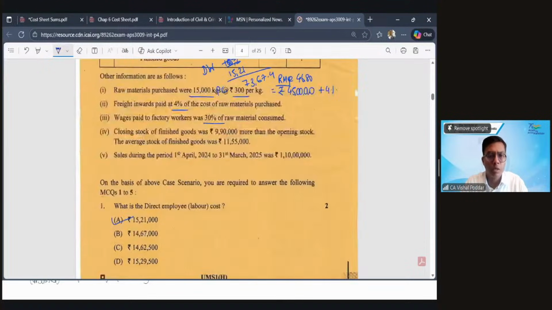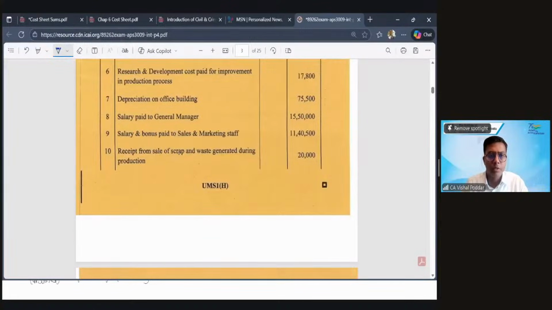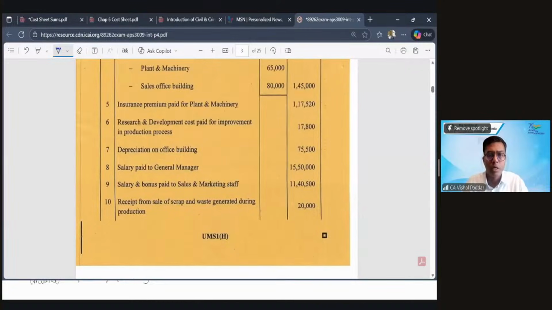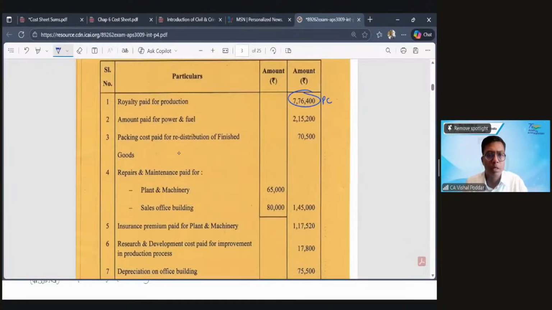Are we missing out any other costs? Wages generated during production, salary bonus, salary general manager, R&D, insurance, office building, the packing costs, amount paid for power and fuel. But power and fuel is factory overheads.